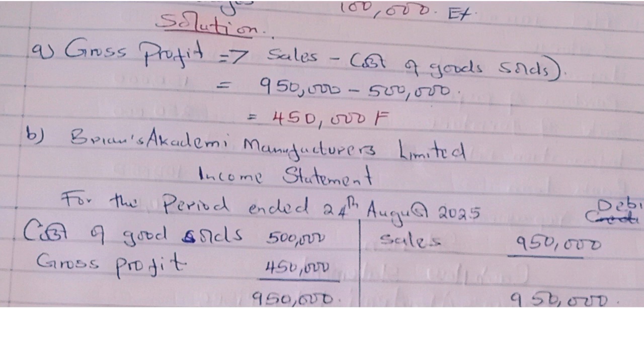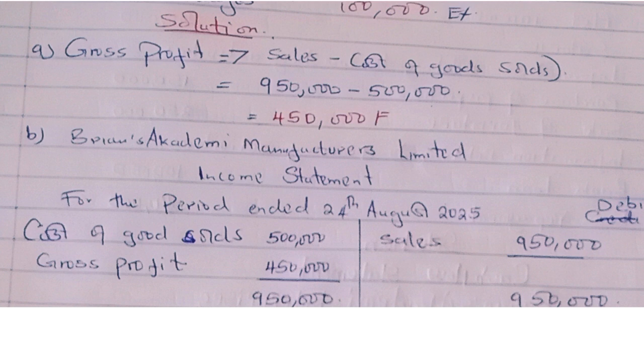The first question was, we are supposed to calculate the gross profit. So for us to get the gross profit, we take the sales minus cost of goods sold. The value of our sales was 950,000, and the value of our cost of goods sold was 500,000.